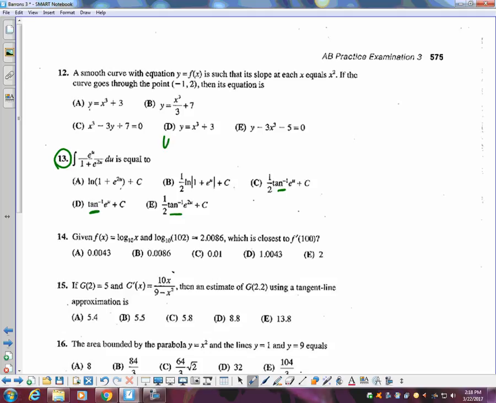I'm going to let my u be whatever's sitting here that's squared. So that's e to the u, because that's what's being squared. My a is 1, and then you can see that my u is sitting on top.